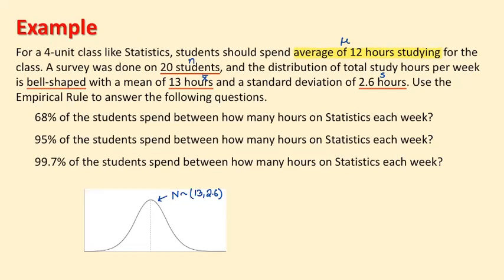Now what we do is we go up to 3 standard deviations up and 3 standard deviations down. So if I go 1 standard deviation up like this and also 1 standard deviation down like that.